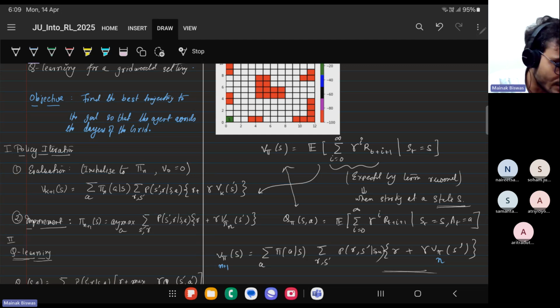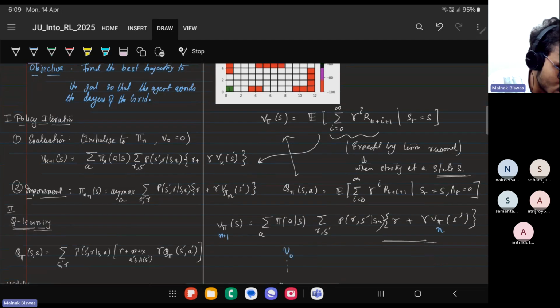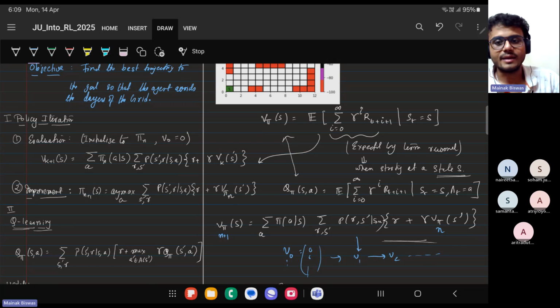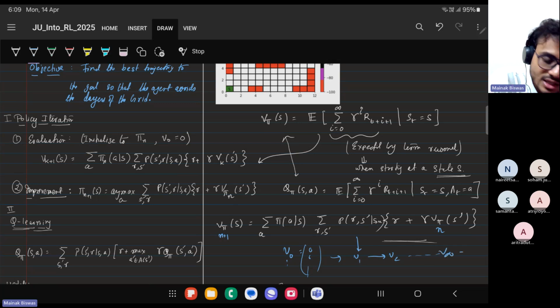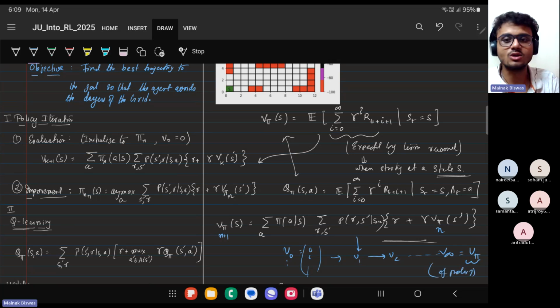Say you initialize V to all zeros, V0, then use this equation to get V1, then V2 and so on. And at V infinity, it was equal to the value function of the policy. So this was what the policy evaluation algorithm was. We'll see the proof of this next day.